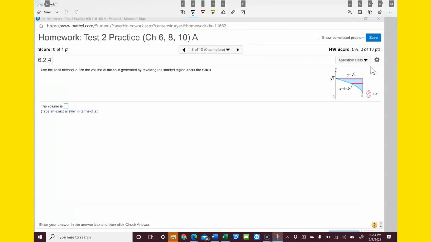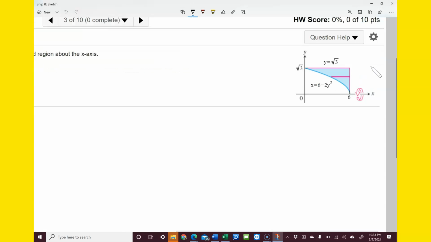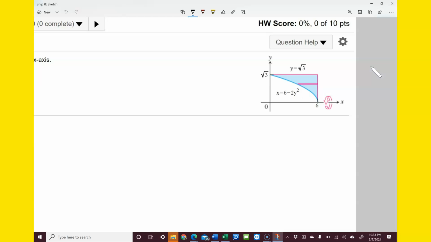Okay, number 3. We are finding the volume of this solid that's revolved around the x-axis using the shell method. All right, so revolving this around the x-axis. Just trying to get me a picture.